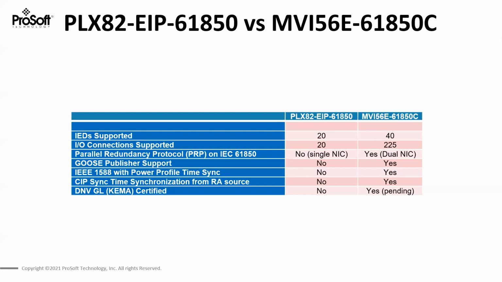Since we also support SNTP time synchronization, it's now very transparent, passing from SNTP time synchronization over to 1588 with power profile support. So the same clock that's being used to synchronize your ControlLogix network can now be used to synchronize your protective relay equipment.